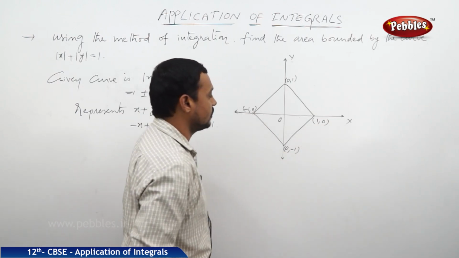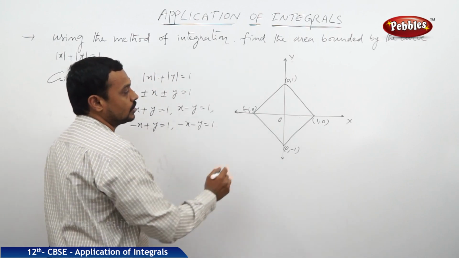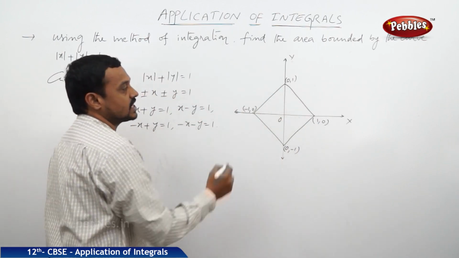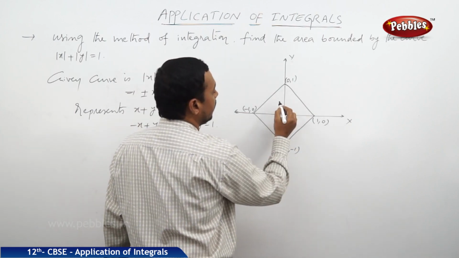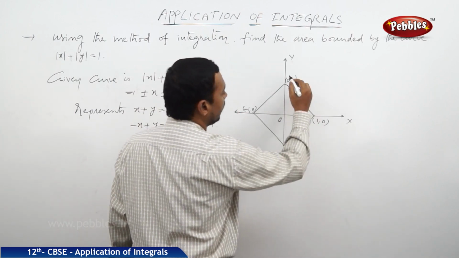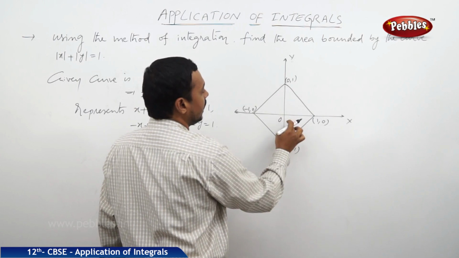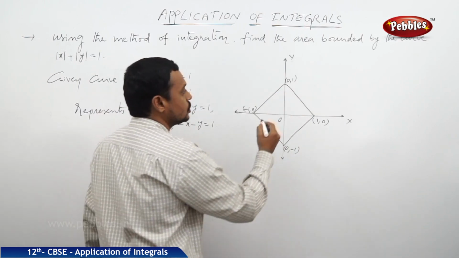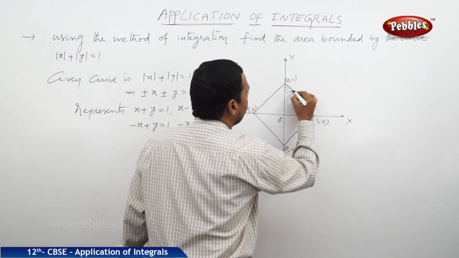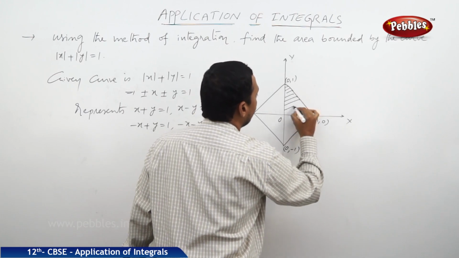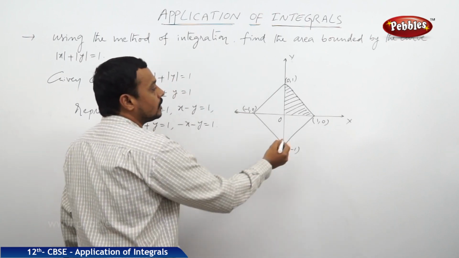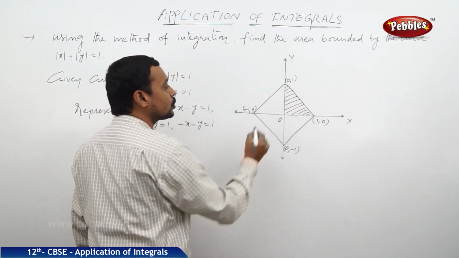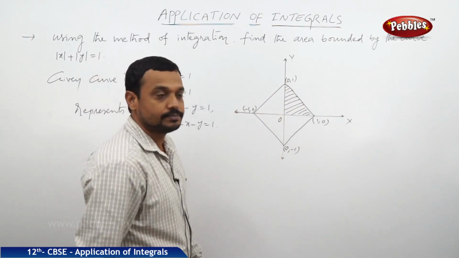All these coordinates are in cyclic order. Therefore, the figure formed by these 4 points is symmetric about both the x and y axes. So if we find the area of one portion, then the area of the total would be 4 times that.